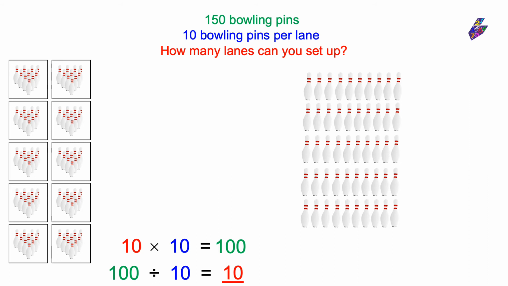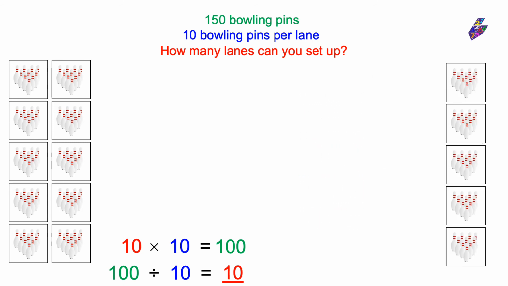You might have also known that the remaining 50 pins would create another 5 lanes, either because we know that 5 groups of 10 is 50, or because we know that 50 divided into groups of 10 will give us 5 groups. So we can see that if we had 150 bowling pins and there are 10 bowling pins per lane, this would mean that we could set up 15 lanes.